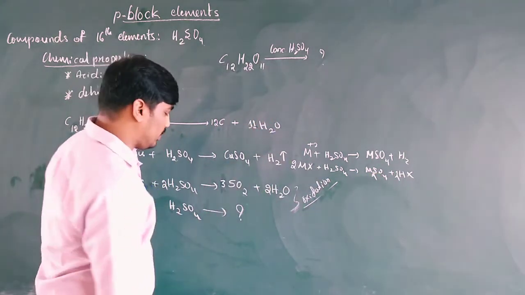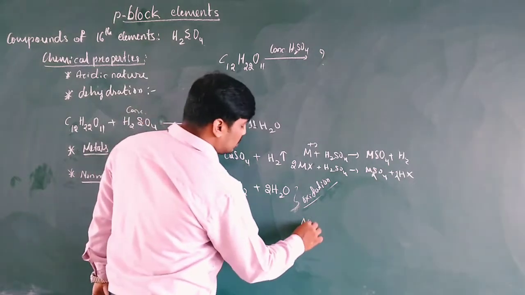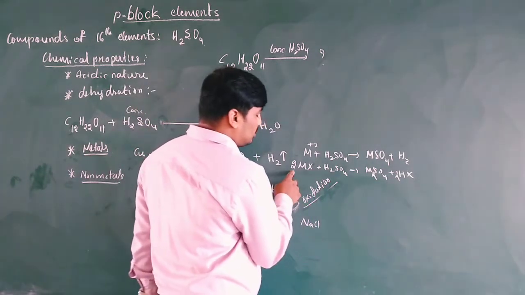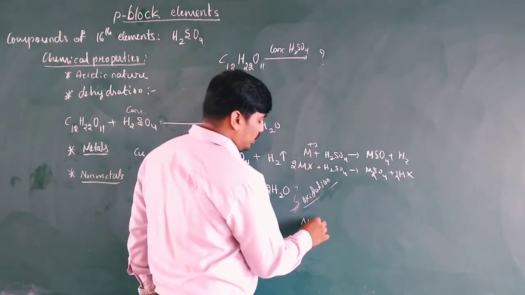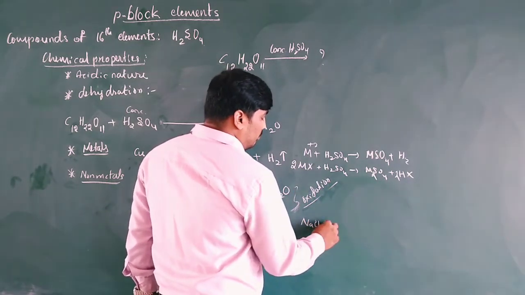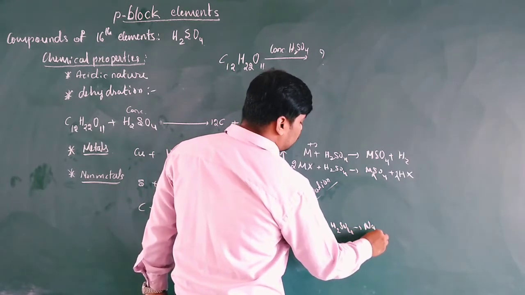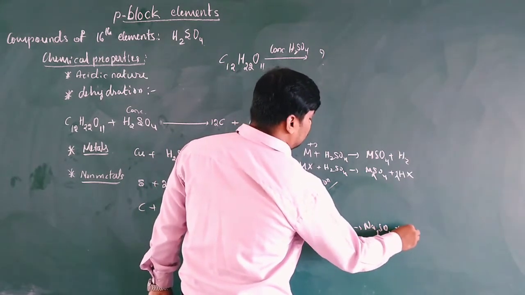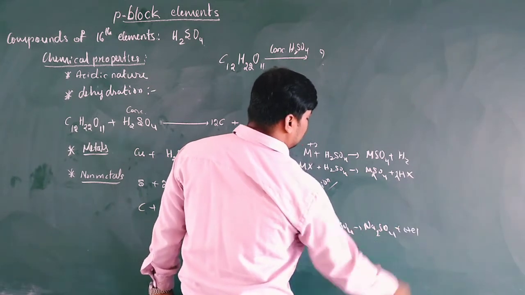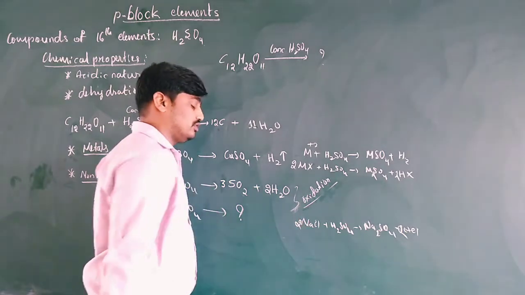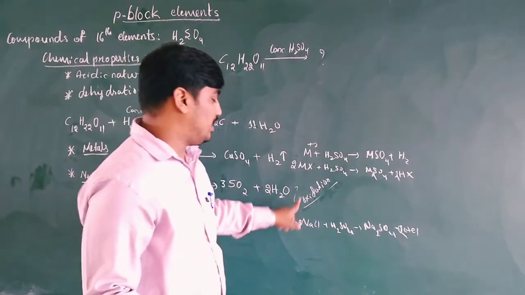For example, I'm considering one example for this case. Sodium chloride, or you can consider calcium chloride also. For calcium chloride, 2 molecules are not required. Sodium chloride reacts with H2SO4, then sodium sulfate is formed and HCl gas is evaporated.